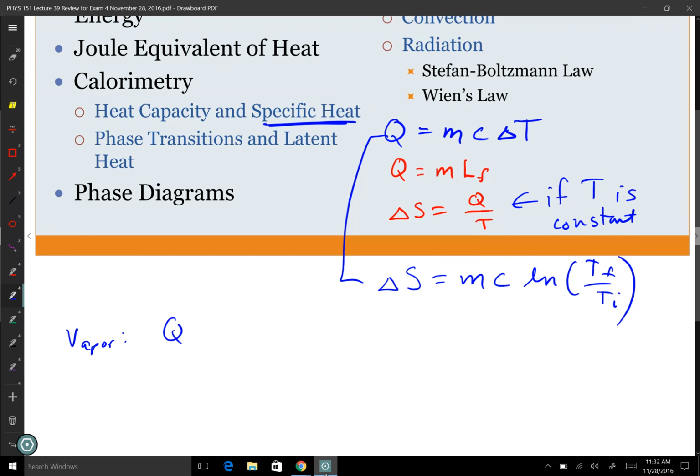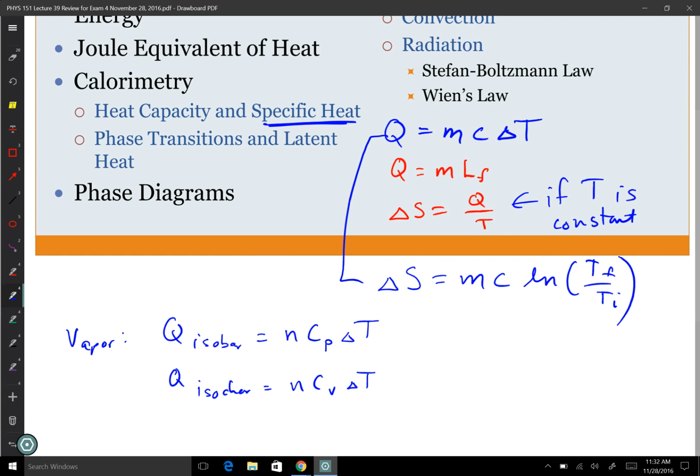We have Q for an isobar equal to nC sub P delta T, and Q for an isochore equal to nC sub V delta T. C sub P means the molar specific heat at constant pressure.